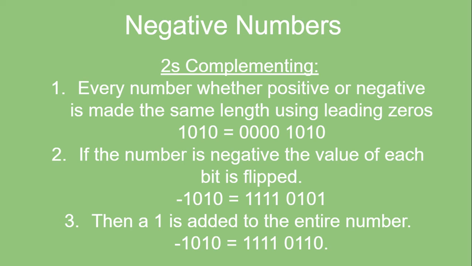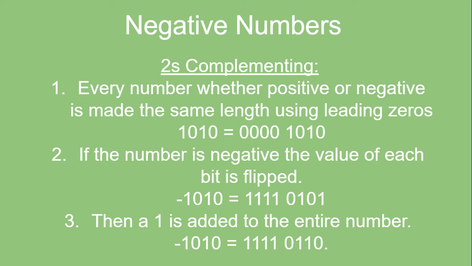So here, I've taken 1010 and made it a byte, right? With the first 4 switches off, and then the fourth and second one on, and the first and third one off, right? And so then, if it's positive, I just leave it alone. But if the number is negative, then you flip the value of each bit.